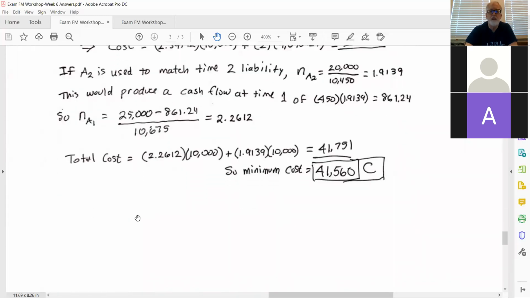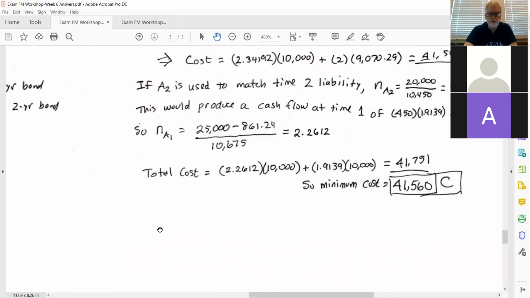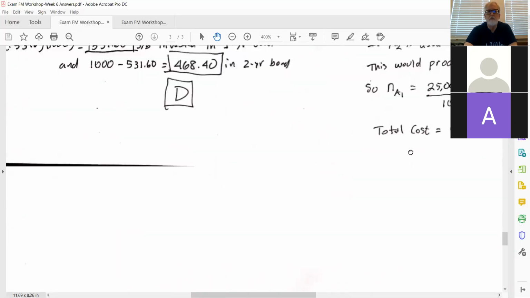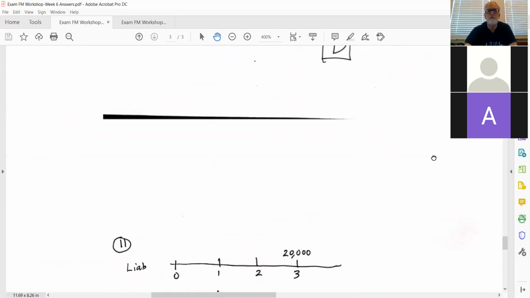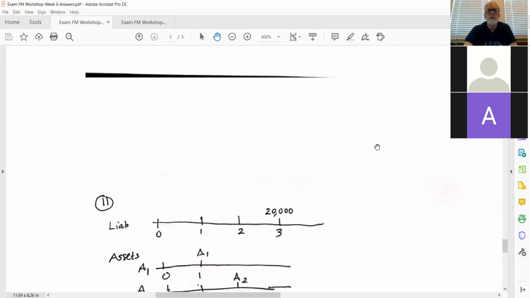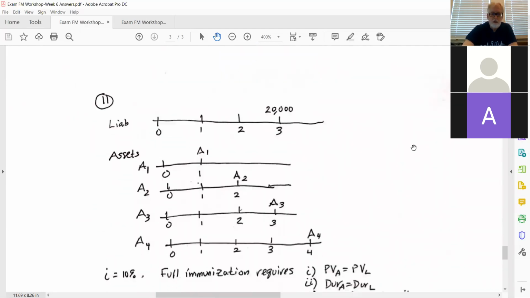All right. And then the last one was a fun one, a super duper fun one. Company ABC has to pay $20,000 after 3 years, and they have 4 different zero coupon bonds, A1, A2, A3, A4, that come in at time 1, 2, 3, and 4.